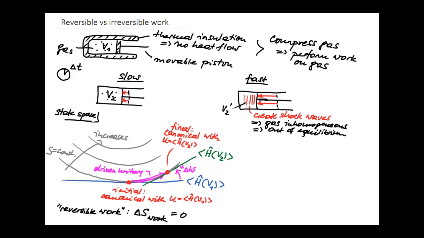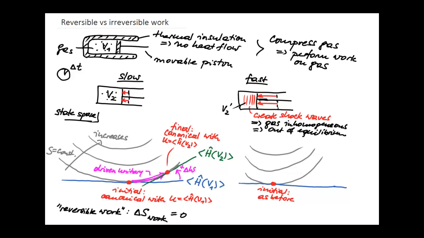Let's see what this means in our picture in state space. We have the same initial situation with the initial canonical state before compression. Then we compress the gas rapidly. This doesn't change the fact that this is driven unitary evolution.